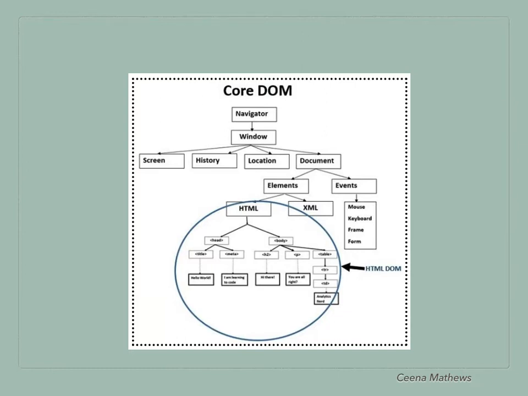And inside the document object we have two child nodes. One is elements, the other one is events. And elements again have two child nodes, HTML and XML.